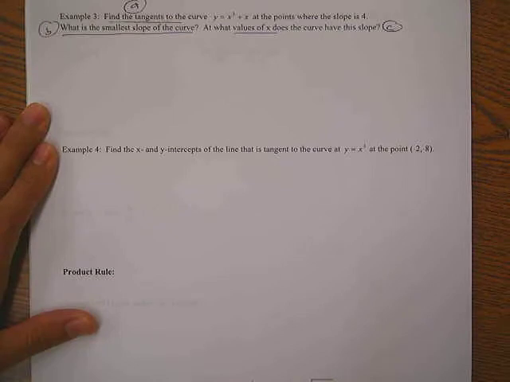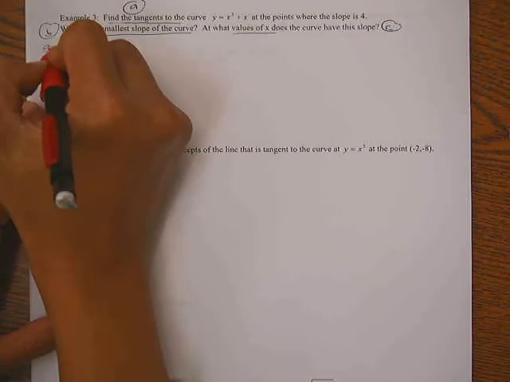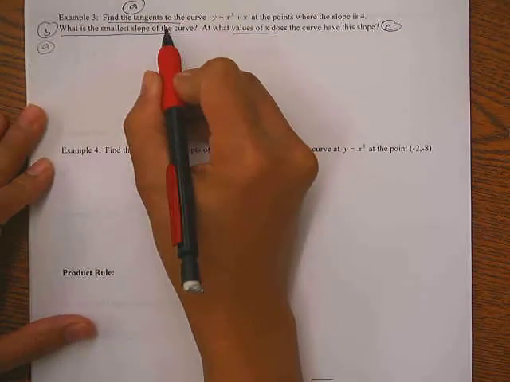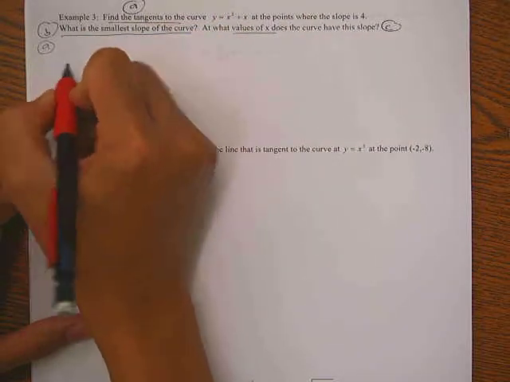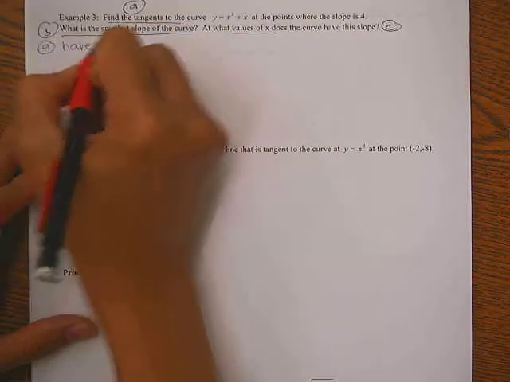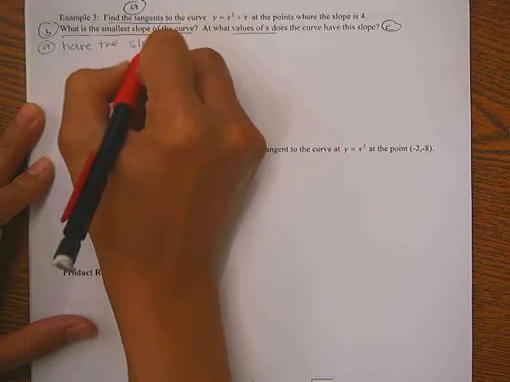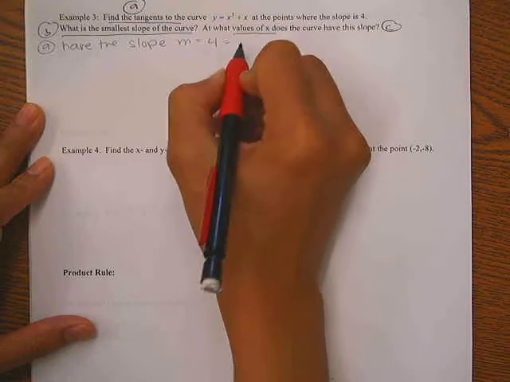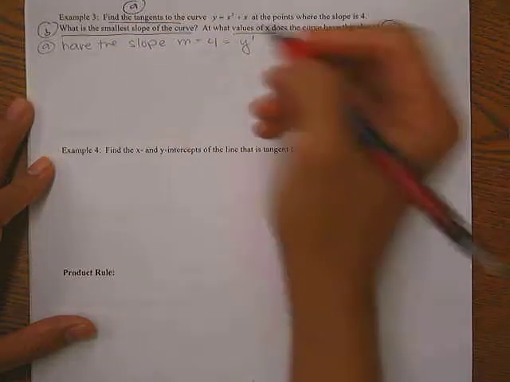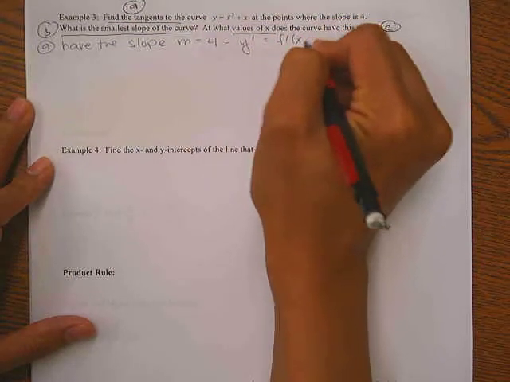Part A says find the tangent to the curve when the slope is 4. We have the slope, which is m equals 4, which is y prime, or the derivative of f of x.